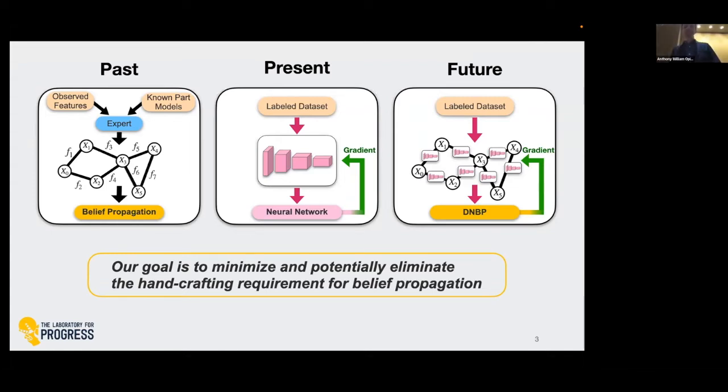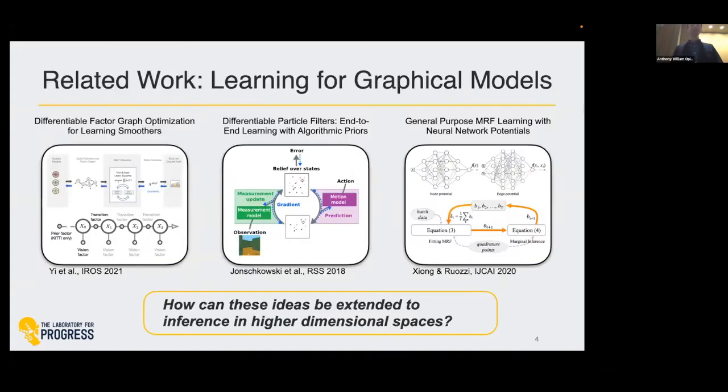And so our goal in this project was to try to minimize and potentially eliminate the costly handcrafting that typically would go into belief propagation as one particular example of a probabilistic inference algorithm. We're not the only people thinking along these lines. There's been a lot of recent, really exciting work trying to apply learning to graphical models. I can't cover all of them, but I've highlighted a few on this slide that were inspirations for this project.